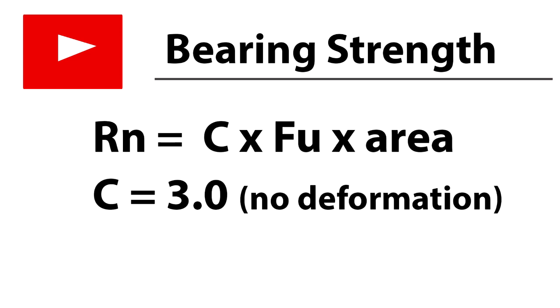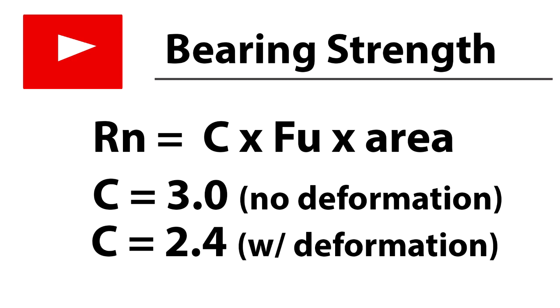C is a constant. If deformation is not a concern, C = 3. But if deformation is a concern, then the constant is 2.4. This corresponds to a deformation of 0.25 inch.